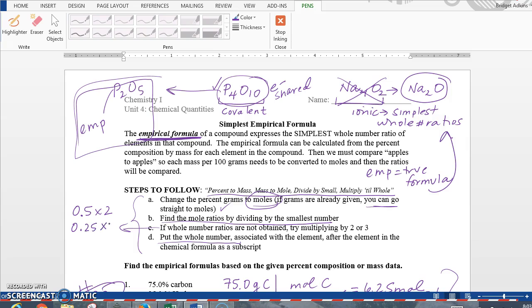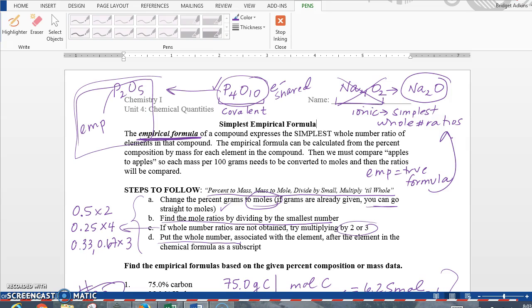So if we want to clear a quarter, we would multiply it by 4. If you get 0.33 or 0.67, then the best thing to multiply by is 3, because that's like 1/3, and this is 2/3. So by multiplying by 3, you'll clear those out. These by far are the most common. So that's why I just put multiply by 2 or 3.